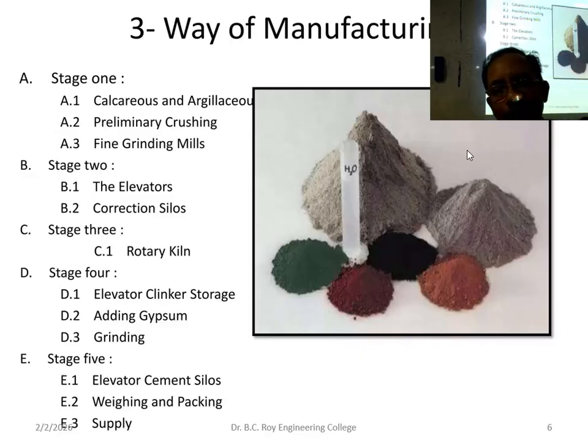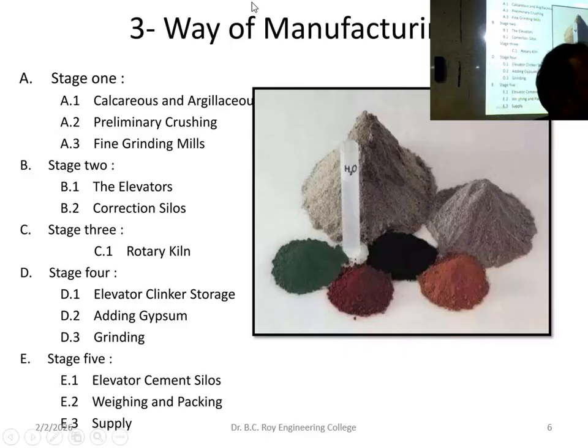Next, elevator and clinker storage. When you heat it in the rotary kiln, the fine powder again becomes lumps. But these lumps are made of two things, not one.